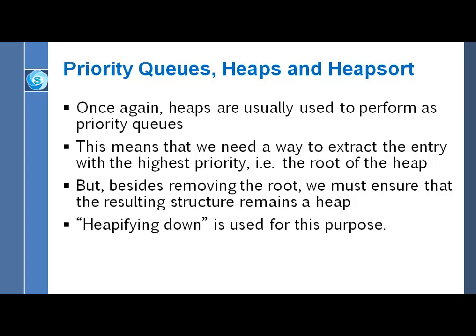Okay, well, first of all, for reasons that we're going to see later when we talk about Heapsort, instead of actually removing data from the array and removing a priority from the priority array, we'll do this.